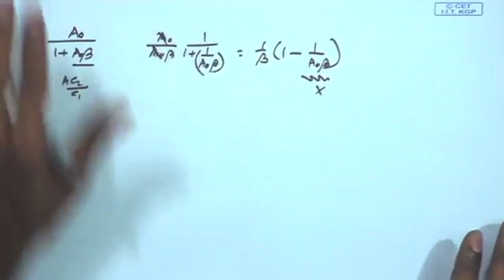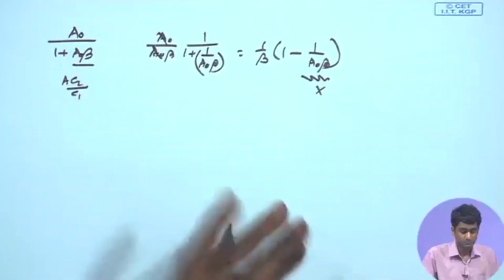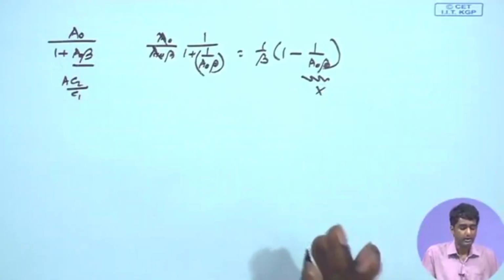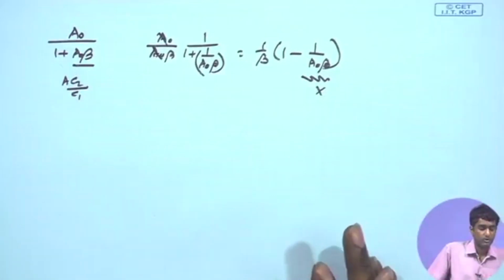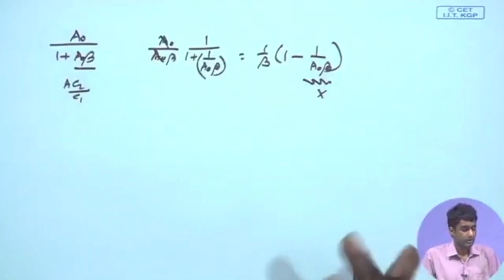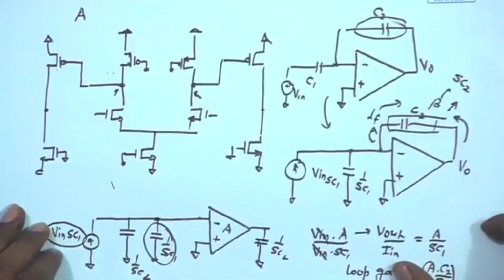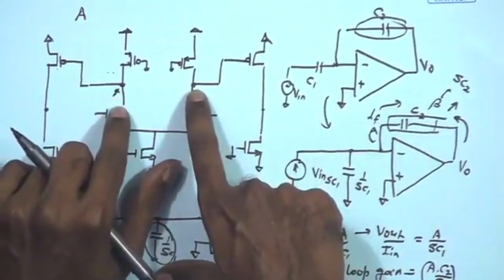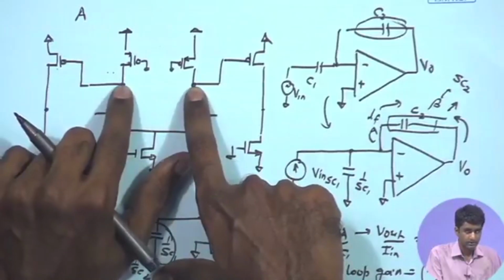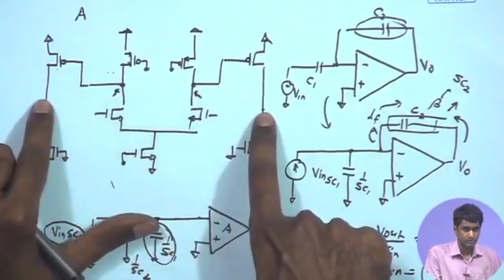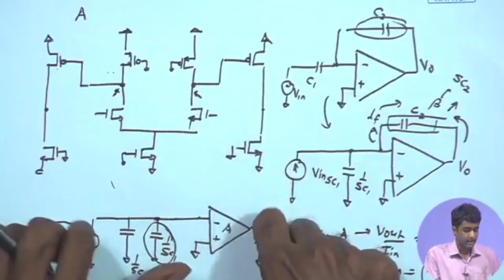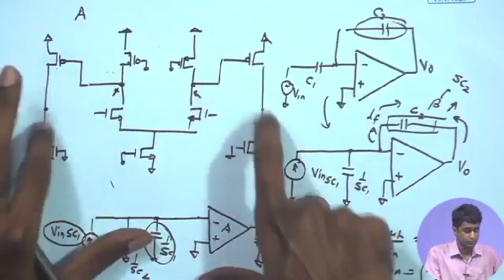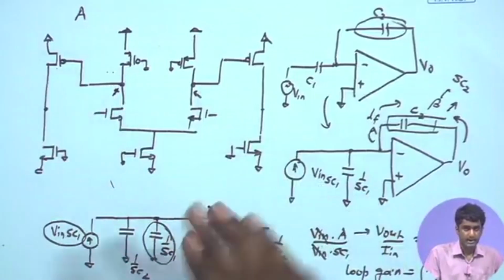So, now we have obtained the expression for the loop gain A naught beta, and next we need to look at the overall poles in our frequency response. So, in the open loop amplifier, we need to look at the critical nodes, and we have earlier also discussed that in this overall circuit we have the critical nodes coming at the output of the first differential stage and output of the second differential stage, and likewise we can look at the R equivalent of these 2 points and find out the poles, and we will follow the similar analysis.